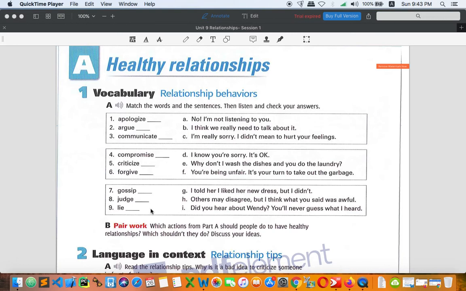But let me tell you one piece of statistic about lying. An average person, I consider to be one person, lies 7 times a day. It's just an average.